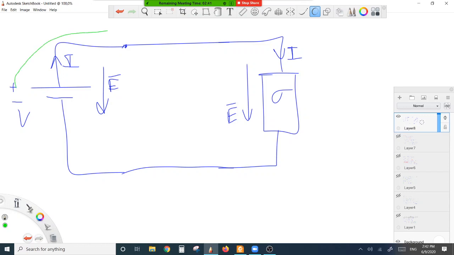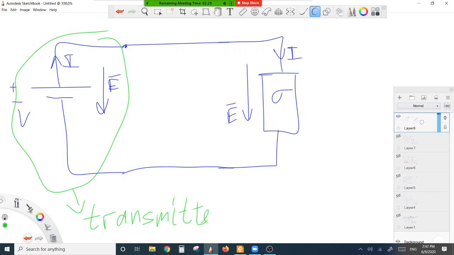This part can be thought of as the transmitter, and this part can be thought of as the receiver.